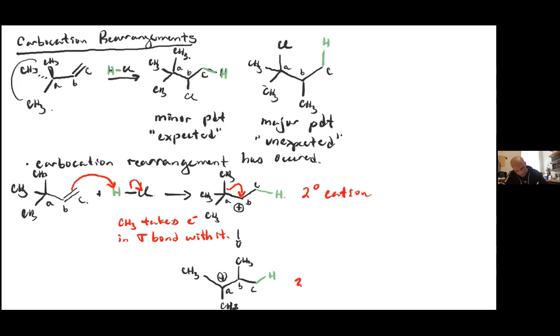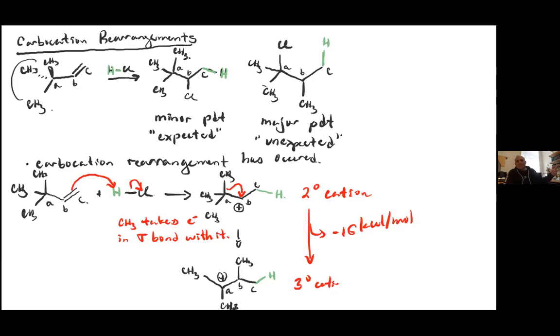This is a tertiary cation. And so when I do that migration, the system's going downhill by about 16 kcals per mole. So it's very favorable for it to do this.